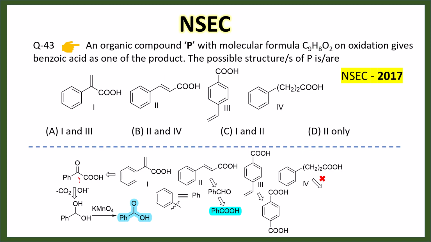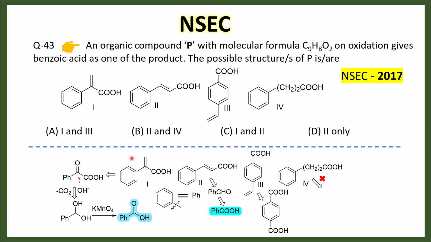Now question number 43: an organic compound P with molecular formula C9H8O2 gives benzoic acid as one of the products on oxidation. We have to find the possible structure of P. Let's do this alkene. Oxidation of this gives this keto acid, further treatment with hydroxide eliminates CO2, and KMnO4 oxidation gives benzoic acid.